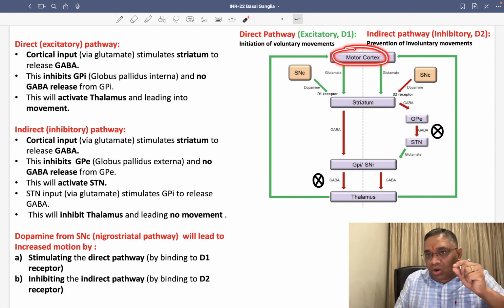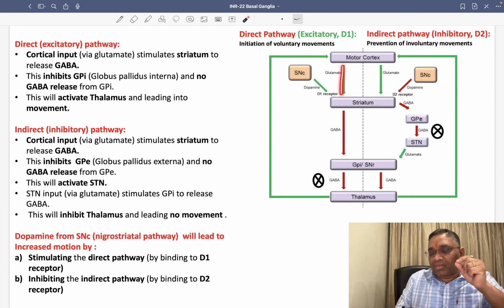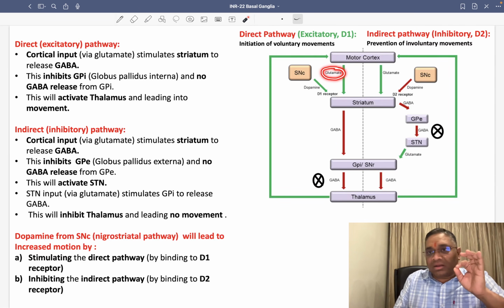The motor cortex will increase the level of glutamate. See, the green color is shown for glutamate and green is for excitation, right? Red color, whatever I'm going to show you here, is GABA, and GABA is for inhibition. You got it? So green glutamate is excitatory, red GABA is inhibitory.